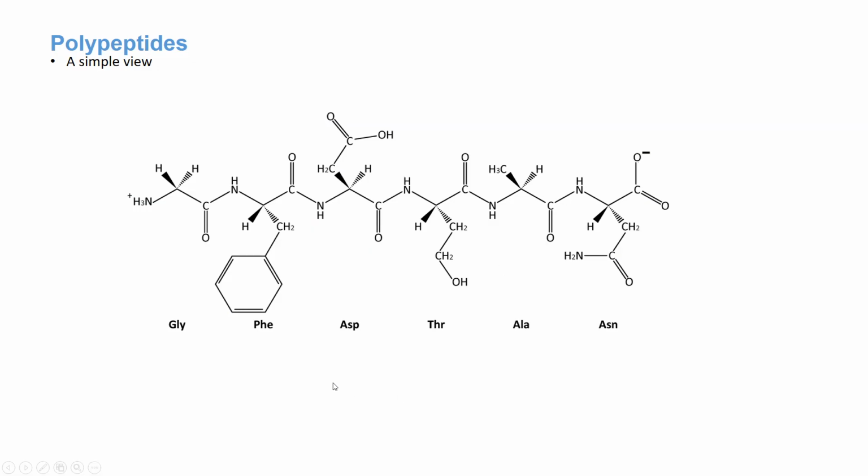So the number of peptide bonds is always the number of amino acids minus one, because you connect 6 amino acids with 5 peptide bonds. That's the amino terminus, and that's my carboxyl terminus.